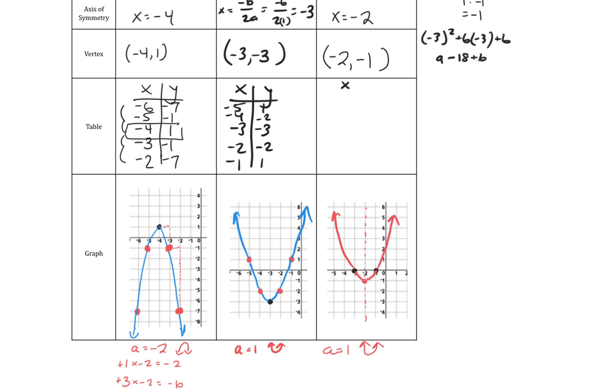We're going to come up with our table. And I think I can come up with a couple other points. So as I move over 1, I'm going up 1. And then as I move over 1, I'm going up 3. Oh, my graph was not very good. So gotta fix that.